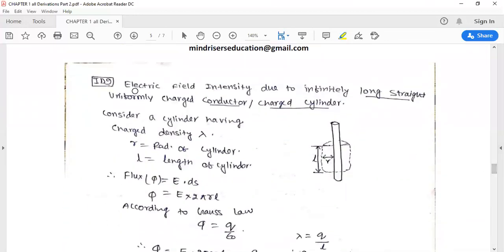Next derivation is the electric field intensity due to an infinitely long straight uniformly charged conductor. Suppose this is my uniformly charged conductor, and this point is at distance r. We take a Gaussian surface here, a closed surface. Suppose r equals the radius of the cylinder and L equals the length of the cylinder. Then flux equals E dot ds, which is E into ds. ds means surface area, and the surface area of the cylinder is 2 pi rL.